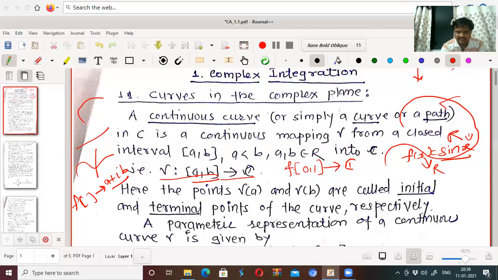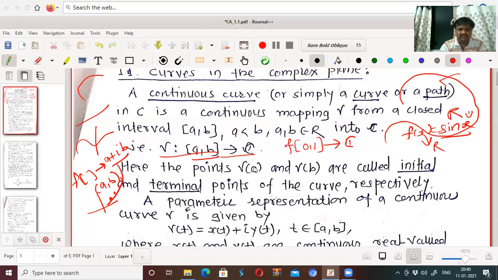A plus IB can be represented in ordered pair AB, and this AB is the point in complex plane. So gamma of interval means image of interval. It is a point, and set of all such points is nothing but curve. So it should be a mapping which is continuous.